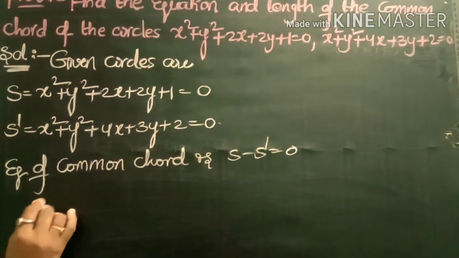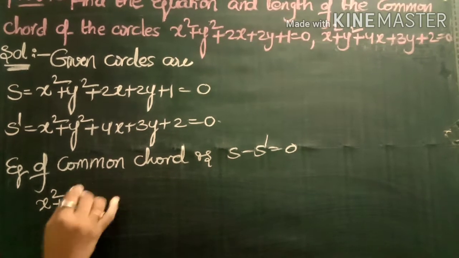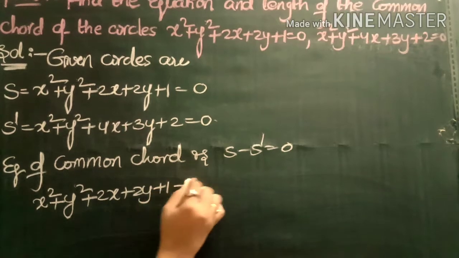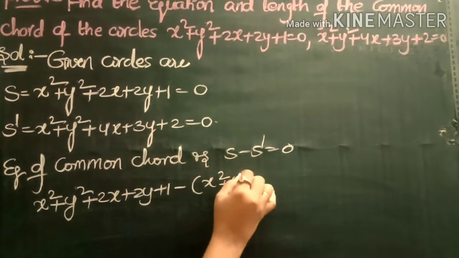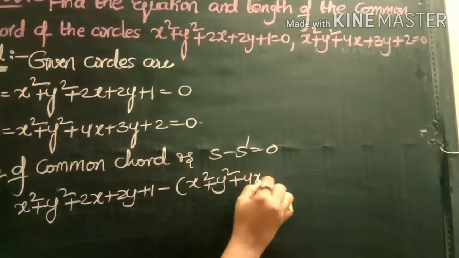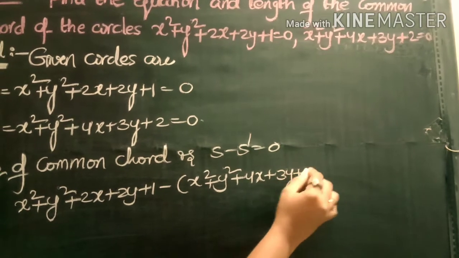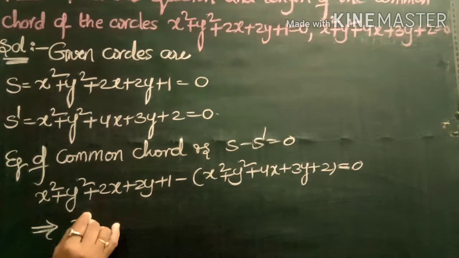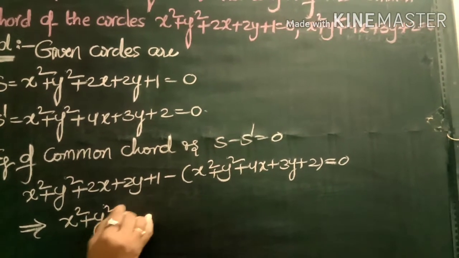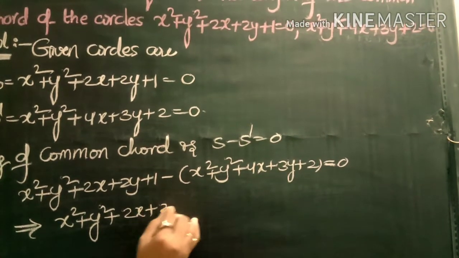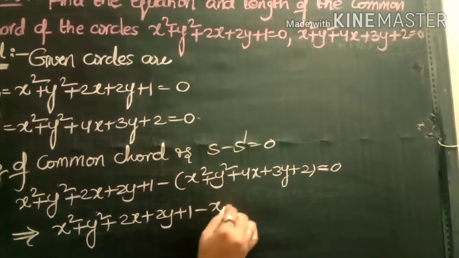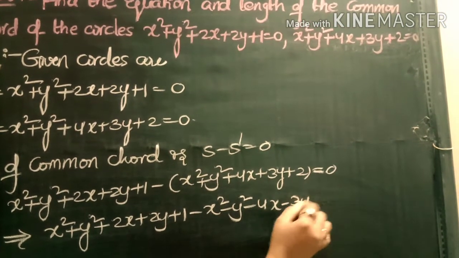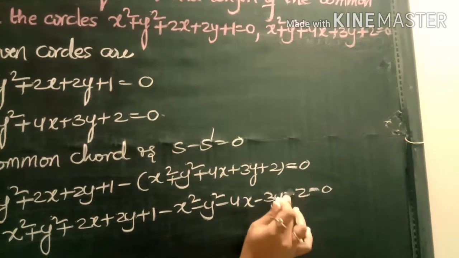Now replacing the values: S, the first circle, x square plus y square plus 2x plus 2y plus 1, minus S dash, that is minus of x square plus y square plus 4x plus 3y plus 2, equal to 0. Which implies x square plus y square plus 2x plus 2y plus 1 minus x square minus y square minus 4x minus 3y minus 2 equal to 0.